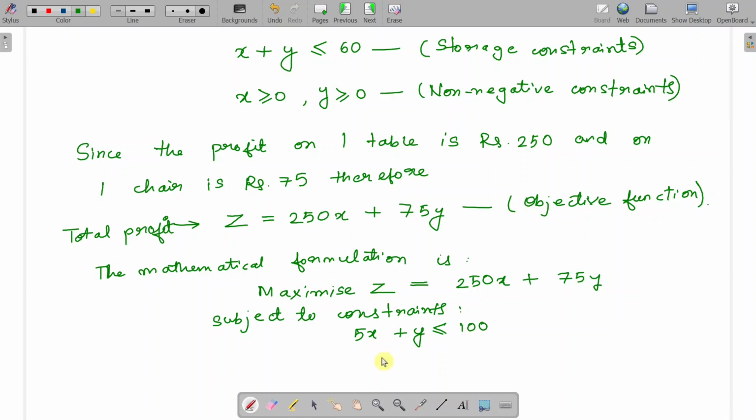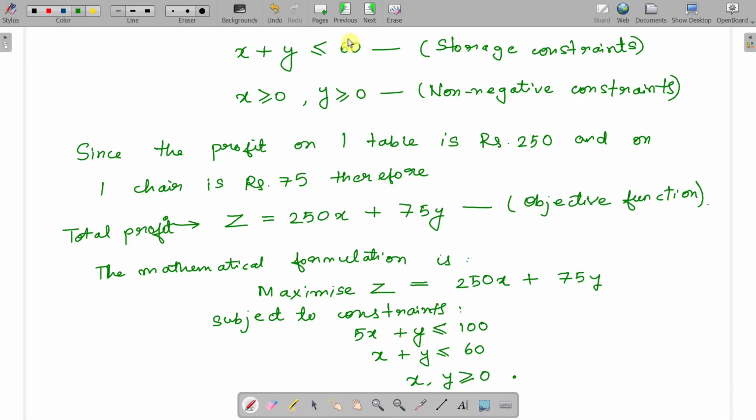And the second constraint is x plus y less than or equal to 60. And these are the non-negative constraints: x, y greater than or equal to 0. Okay, so this is the formulation of the problem.